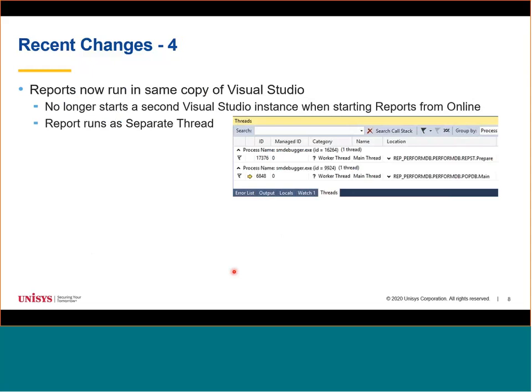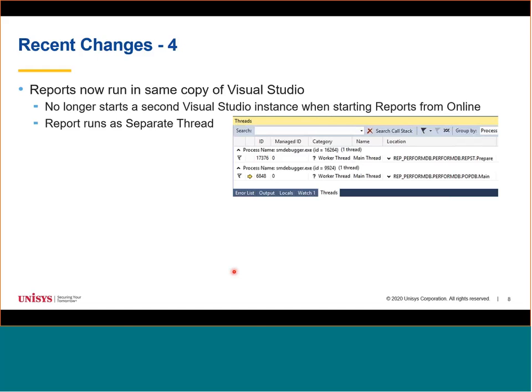You would then go into that second copy of Visual Studio and debug the report there. It would automatically put you into the debugger in that second instance. But anybody who's used Visual Studio knows that it takes a little while to come up. It's a very large product. So forget AB Suite, just bringing up Visual Studio can take quite a while.